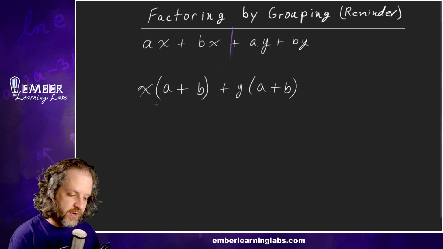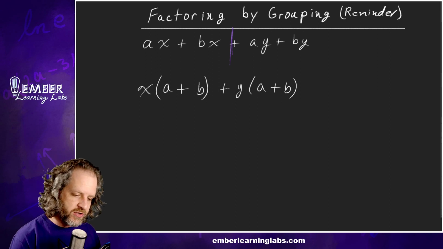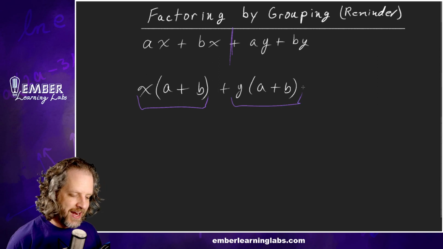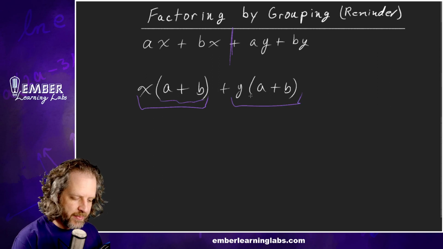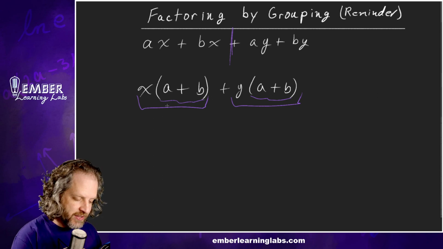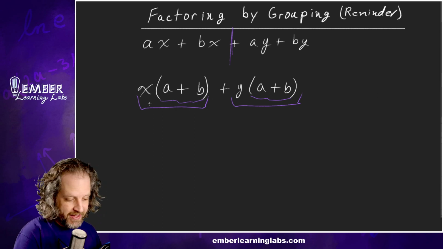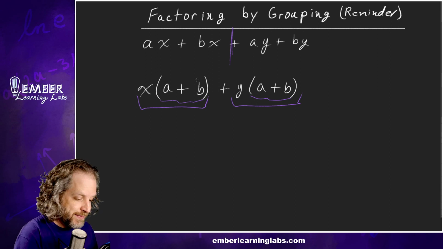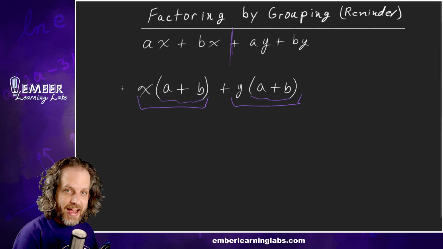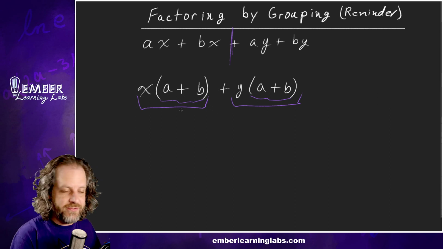But what you want when you factor by grouping is you want 2 kind of monster ugly terms that have something in common, just like we have here. Because these are kind of monster ugly terms. Remember, a term is a product, right? So we've got this times that, so it's a product, right? And these have common things.